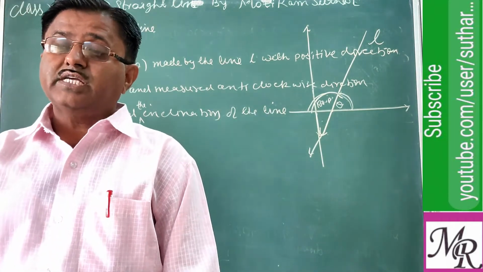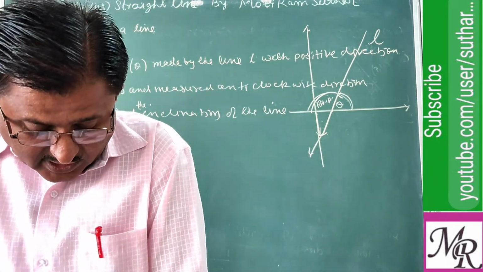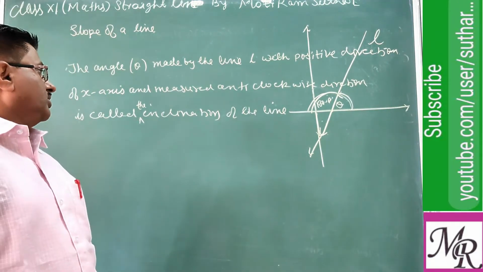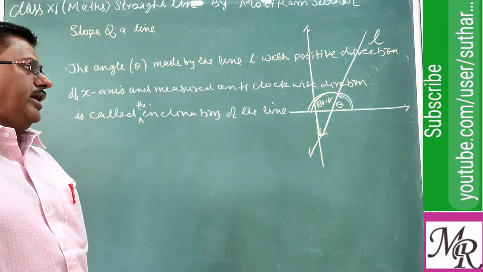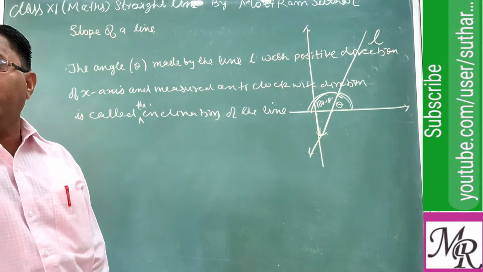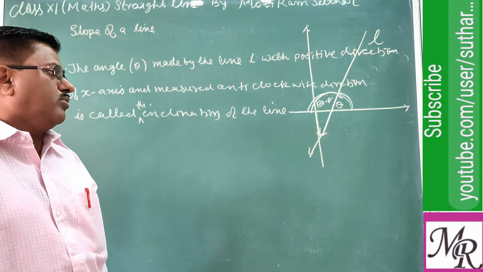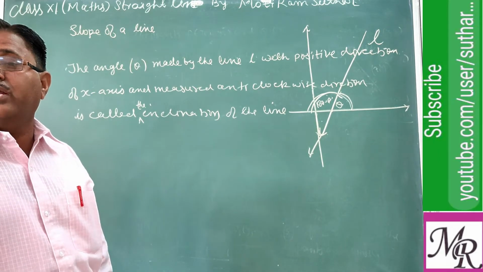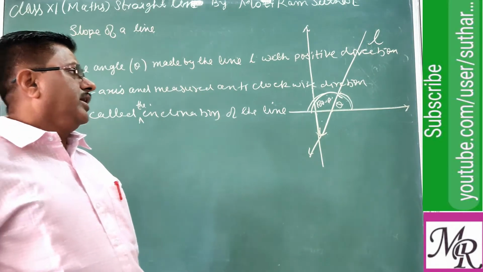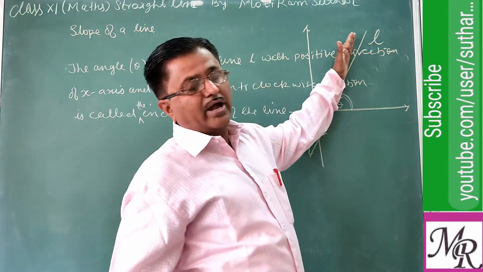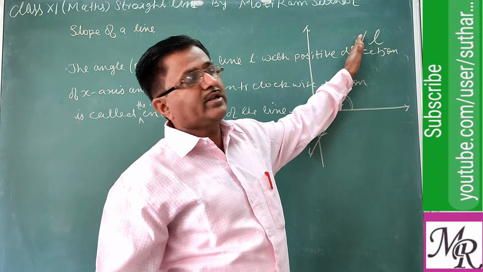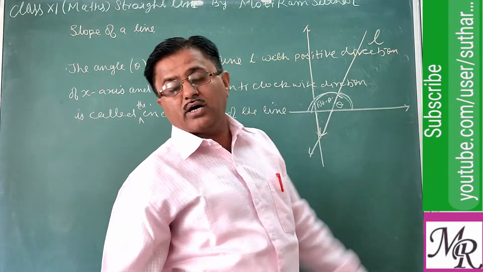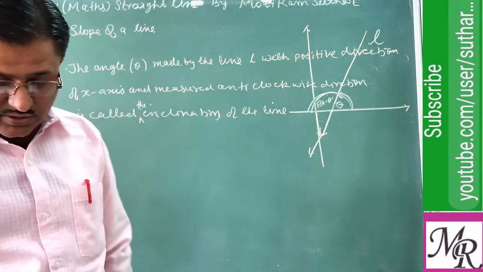So what is the definition of theta? We can say the angle formed by the line with the positive direction of the x-axis, measured in the anti-clockwise direction, is called the inclination of the line. At what angle it is inclined, that is known as inclination. That is known as theta.